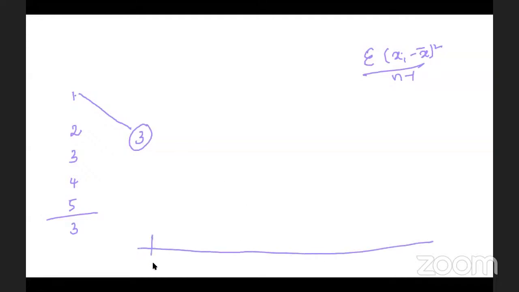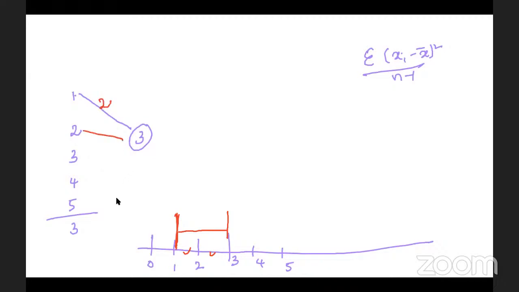I have 1 here, 0, 1, 2, this is 3, 4, and 5. When you say 1 minus 3, we are measuring how many units apart these two numbers are on the numerical scale. 1 unit, 2 units. So 1 and 3 are apart by 2 units.